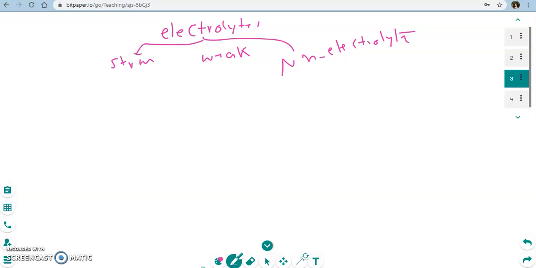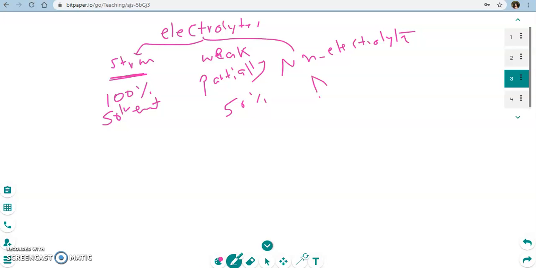So how do we differentiate between these, or what does it even mean? A strong electrolyte, the solute dissolves completely in the water, 100% dissolving in the solvent. A weak electrolyte is one that partially dissolves, like 50%. A non-electrolyte is one that doesn't dissolve at all.